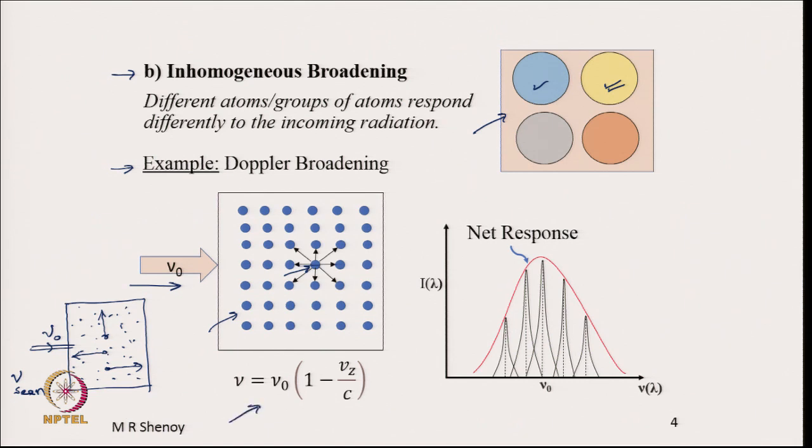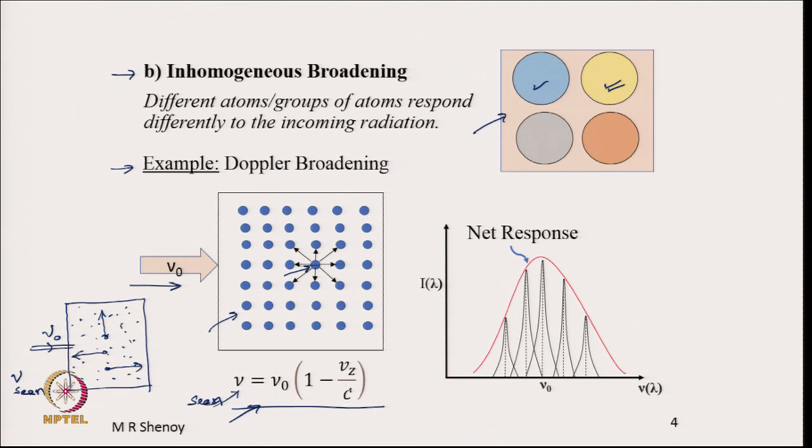So, it is given here. If we look at this expression, nu represents the frequency seen, or observed, by the atom. Nu 0 is the actual frequency which is incident. Atoms which are travelling towards the light will, because of the Doppler effect, see a higher frequency. Therefore, it will see nu 0 into 1 minus Vz by c.